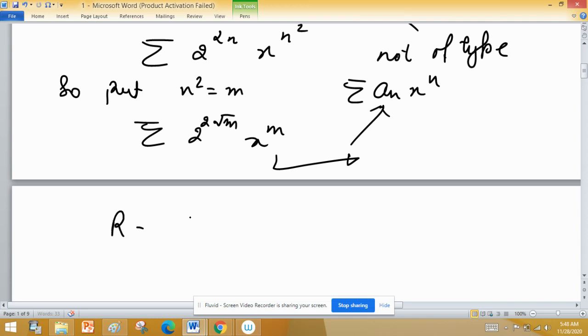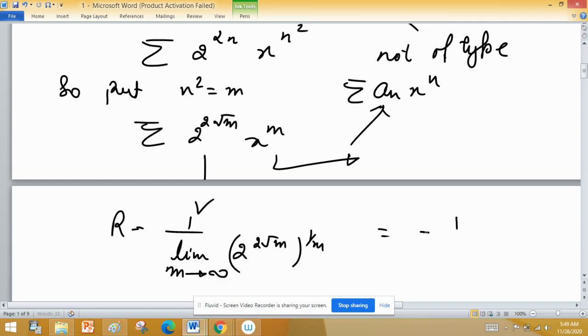Then r equals 1 upon limit, this is our un, limit of 2 raised to the power 2 root m, all raised to the power 1 upon m, where m tends to infinity.